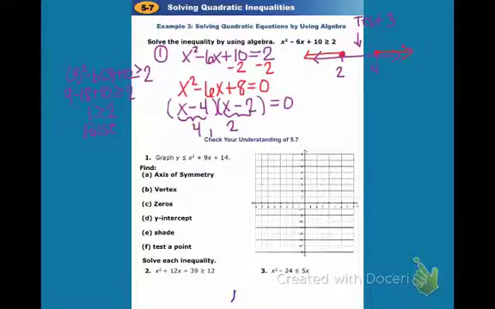And that means my solution set is going to be two separate inequalities. It's going to be two inequalities that describe those shaded regions. The first one will be x is less than or equal to 2, and the other one is x is greater than or equal to 4.